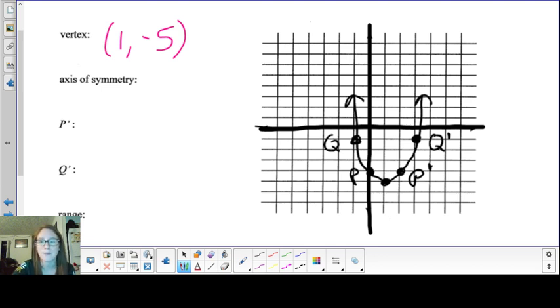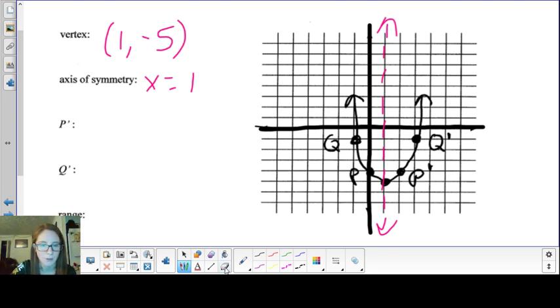My axis of symmetry is going to lie on that same line, and that's always going to be the x value of my vertex. So in this case, it's going to be 1. The reason I like my axis of symmetry is because it flips over on itself. That's the whole point of it.